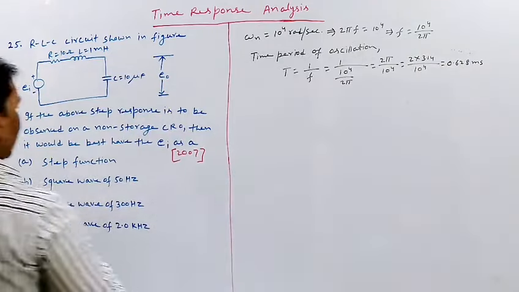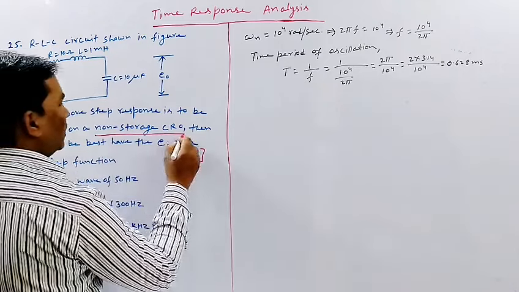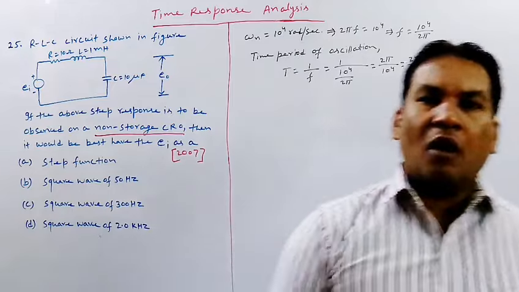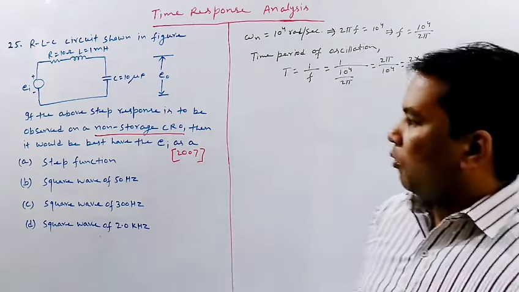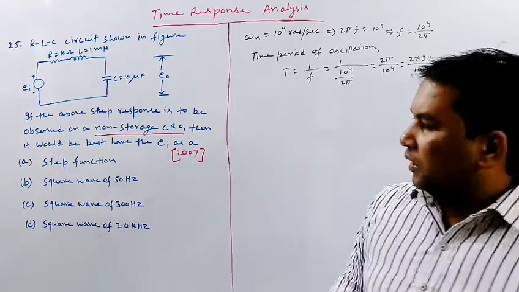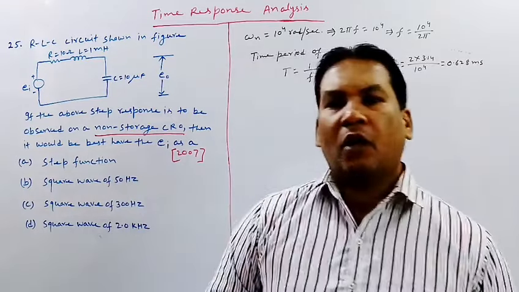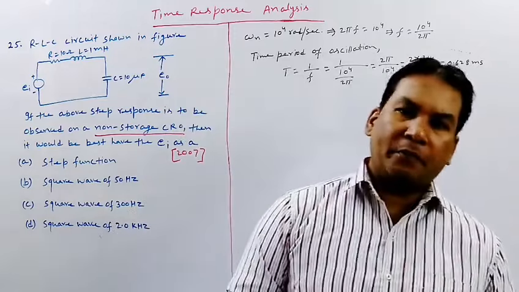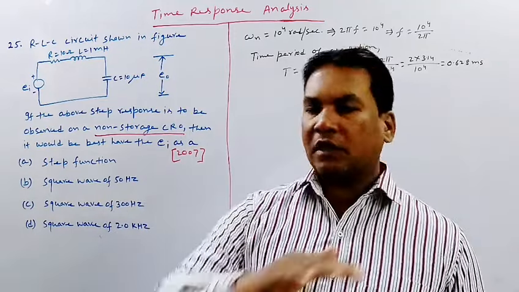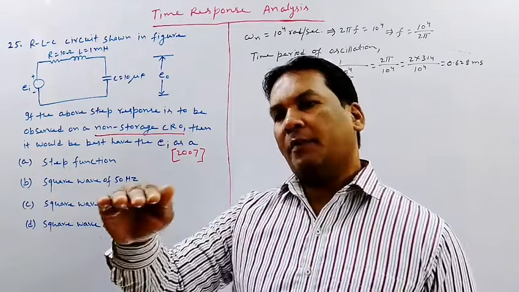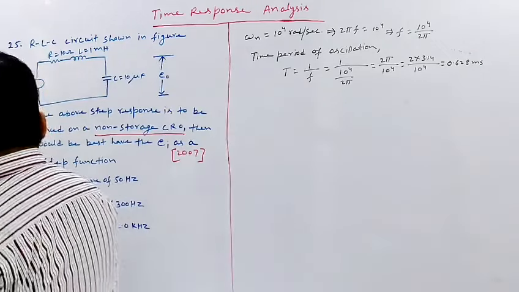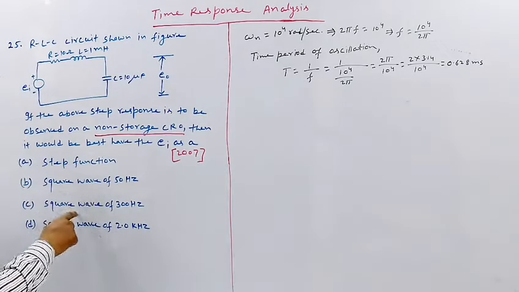It cannot be a step input, because for a step input it will stabilize and we cannot observe the transient response. It will show only the final steady state value. So option number A is not correct. Let us check options B, C and D.